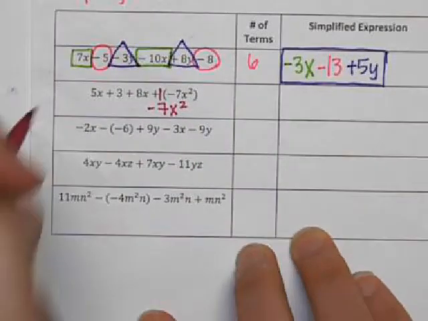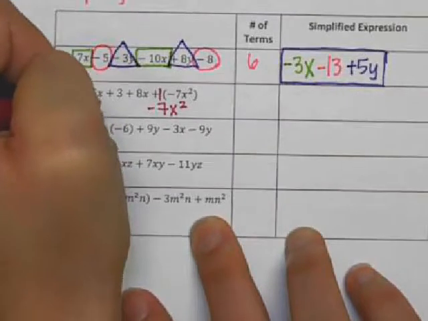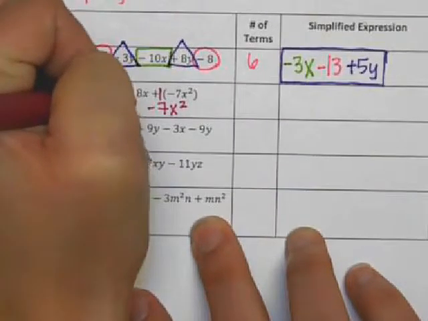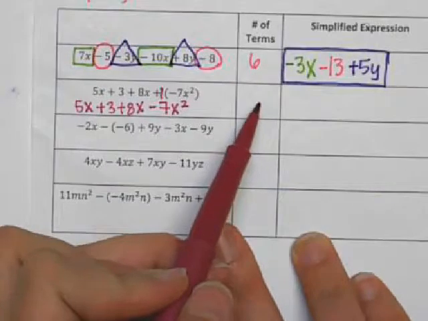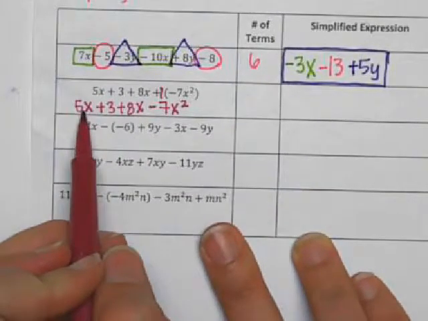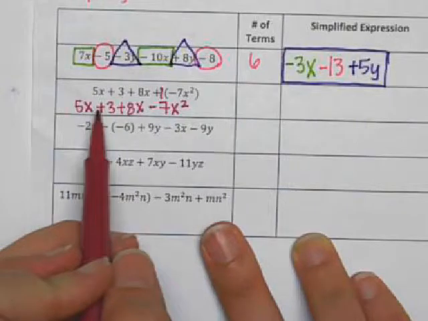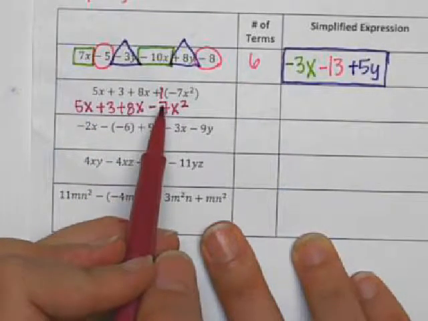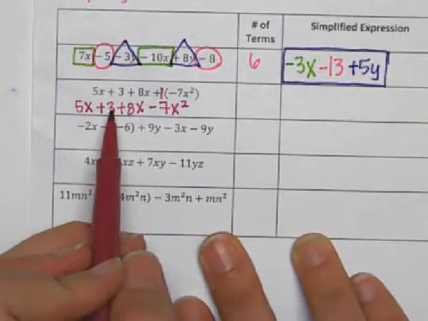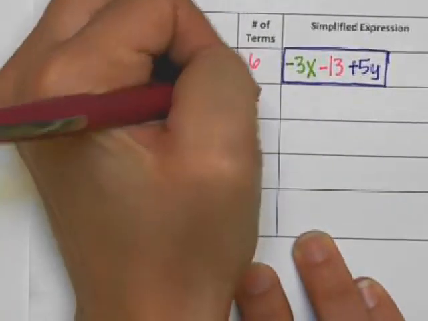All right? And I'm going to bring down everything else that I have not used yet. And I'm going to count my number of terms because that's what it's asking for. So 1, 5x is 1, 3 is 2, 8x is 3, negative 7x squared is 4. So I've got 4 terms here.